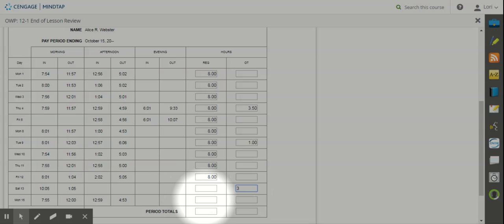And then if your pay schedule is twice a month, that means you're going to have more than usually 80 hours in a pay period. So in this case, they worked 8 hours on Monday, because from 8 to 12 is 4, and 1 to 5 is 4.